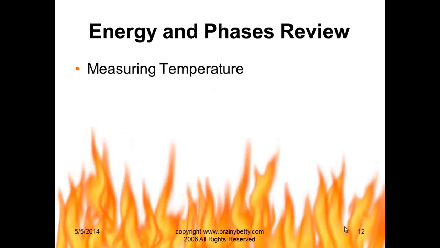Just a little bit more. This one goes back to gas laws. What are the main scales that we use to measure temperature? Celsius and Kelvin. We don't really use Fahrenheit so much in here because it's science class. What's the difference? Why do we need two scales?